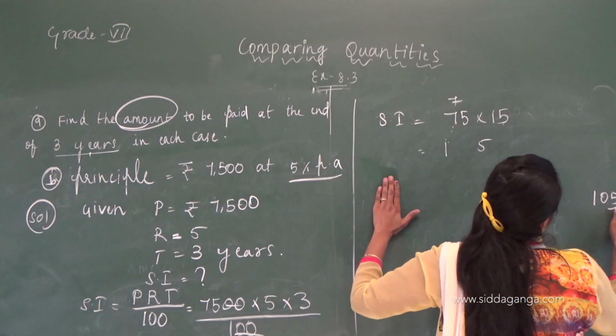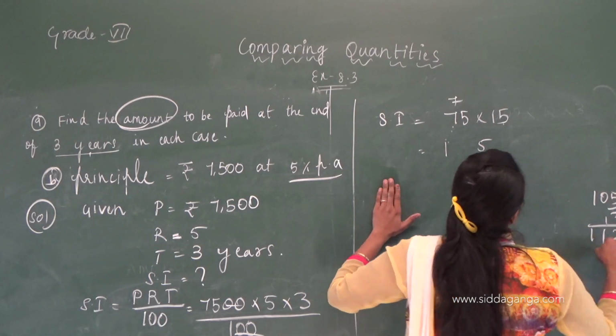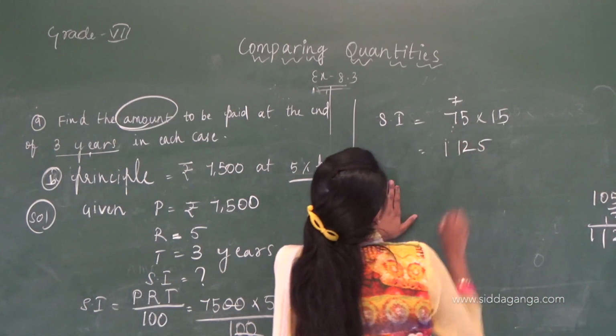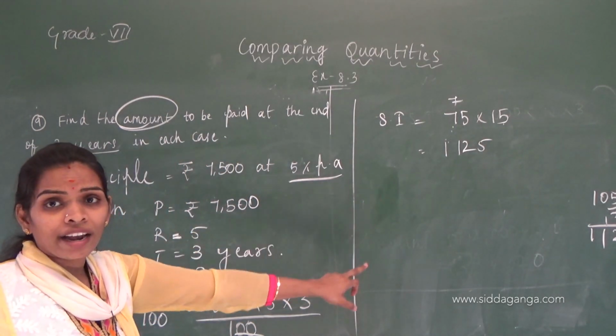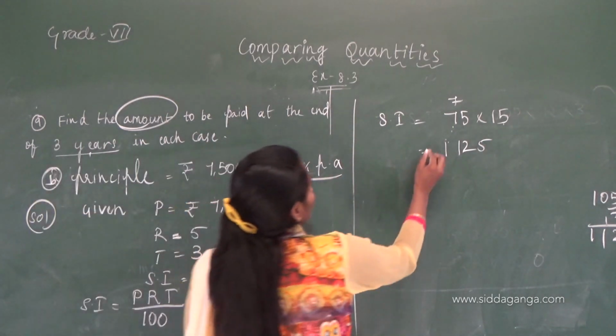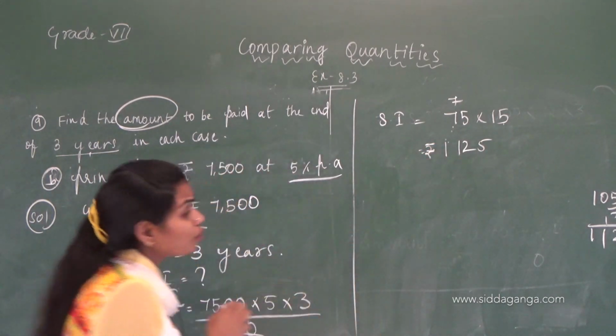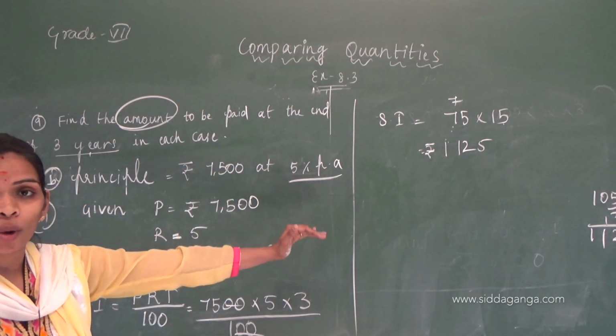Plus 7, 112. Simple interest on this is 1125 rupees. And now, don't stop the problem here.